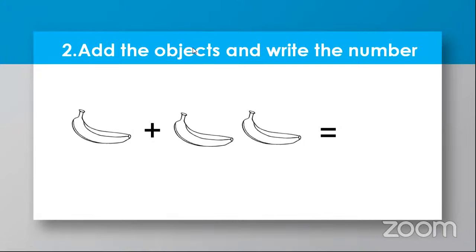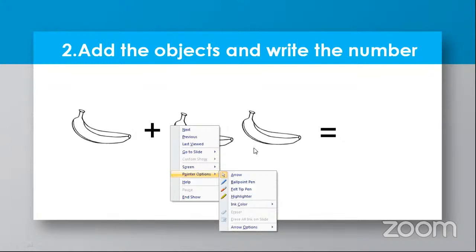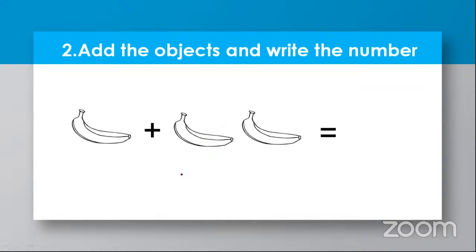1 plus 2 equals 3. How did you do that? You added them together. You counted them together. Thank you. I never counted them, but I calculated in my head.